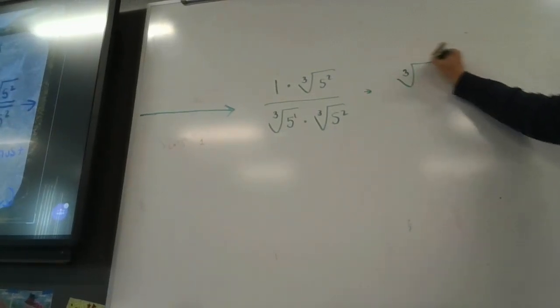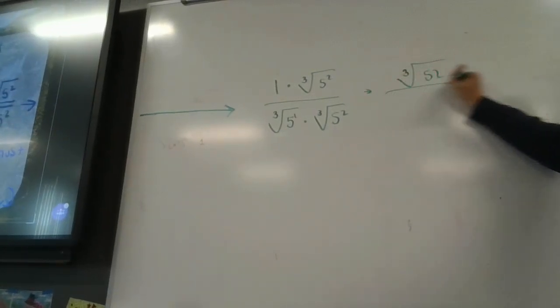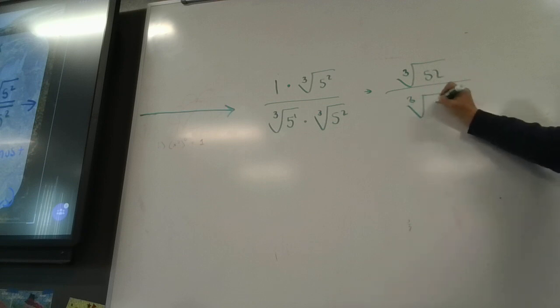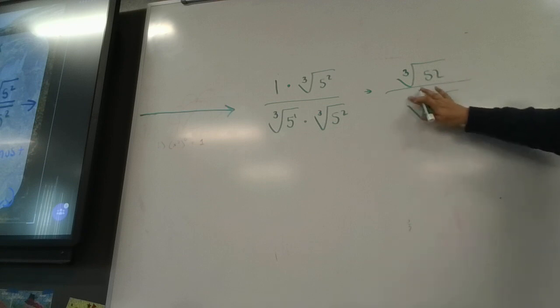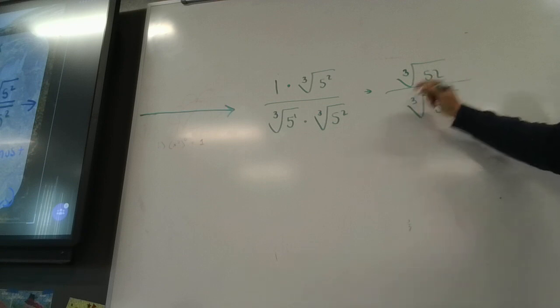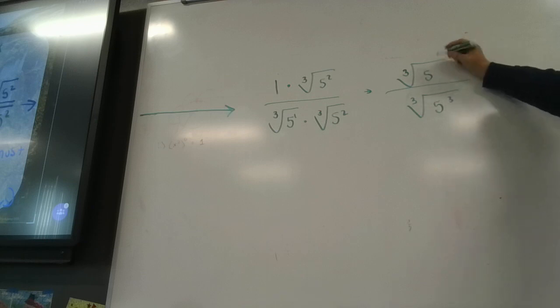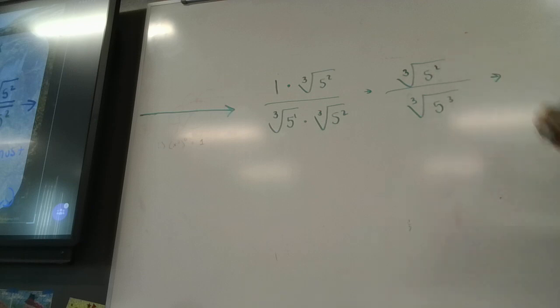So that's the cube root of 5 squared over the cube root of 5 to the third. Uh-oh. That's a 5 squared. And then here's where the canceling comes into play. So this is the cube root of 5 squared over 5.